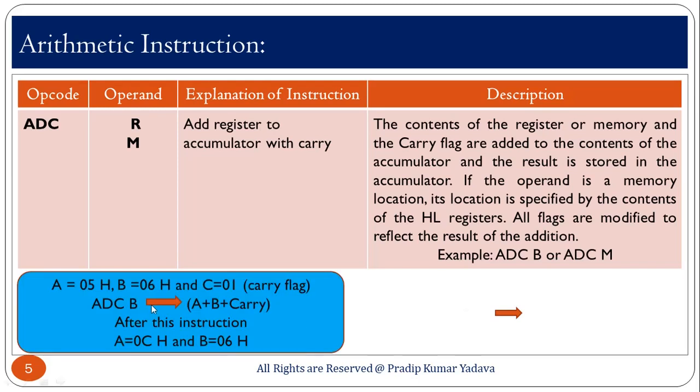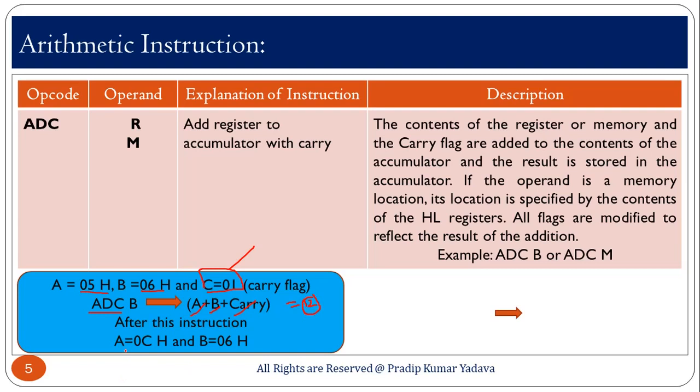Suppose the content of A is 05, the content of B is 06, and suppose you performed a previous operation and the value of the carry flag is 01. When you execute this instruction, the meaning will be A plus B plus carry. Here the value of A is 05, B is 06 and carry is 1. 5 plus 6 plus 1 equals 12, and 12 is written in hexadecimal as 0C.